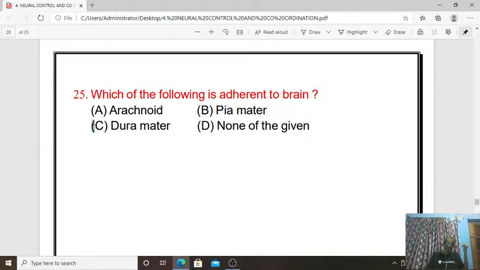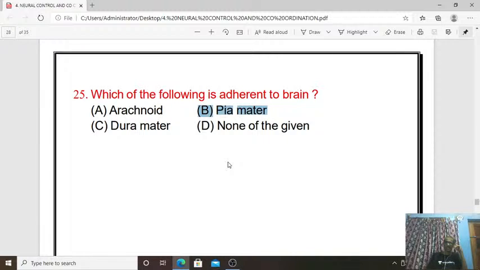Outermost is the dura mater, middle one is the arachnoid, innermost is the pia mater. Pia mater is attached to the brain or cerebrum. So answer is B for question number 25.